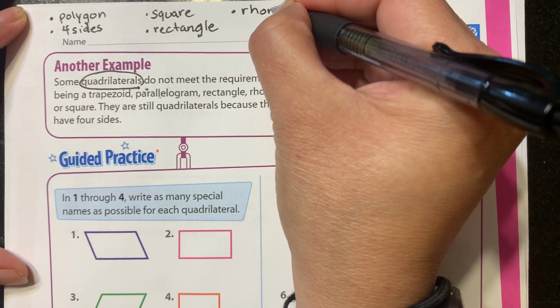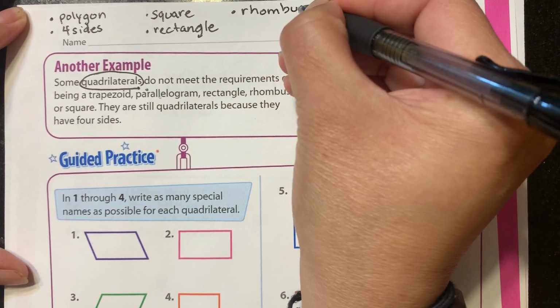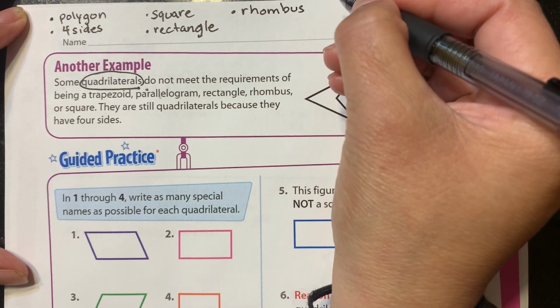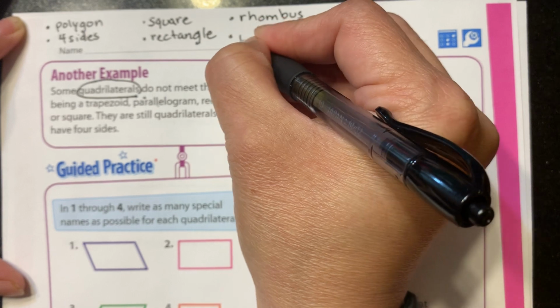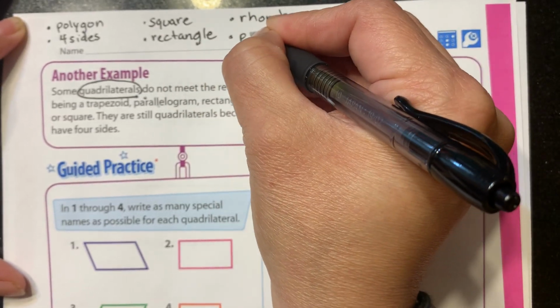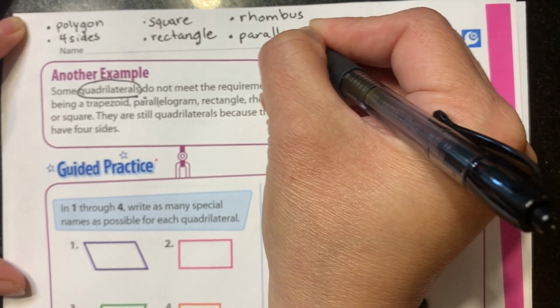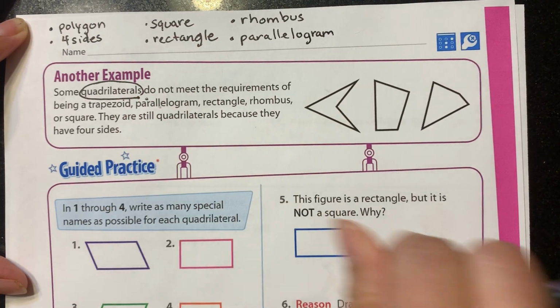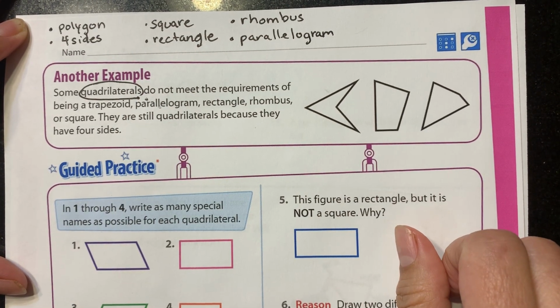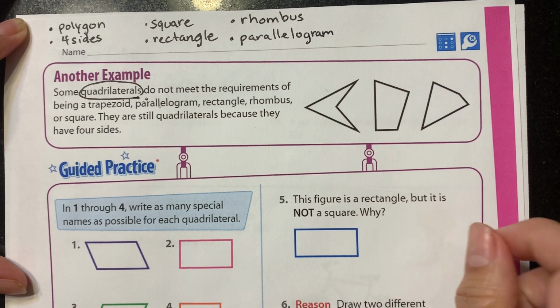The only thing is that it looks a little slanted. Okay, and then I'm going to write parallelogram right next to rectangle because again it has the same attributes as the rectangle. And the only difference is that it's a little slanted.